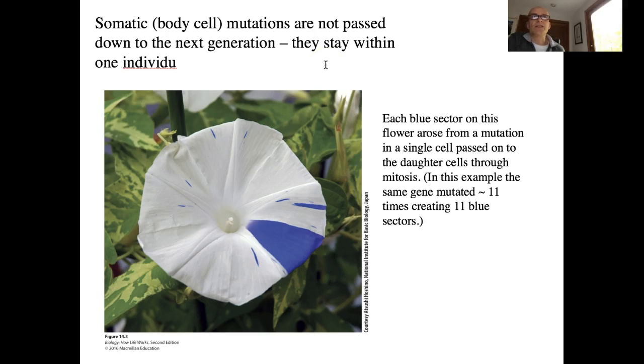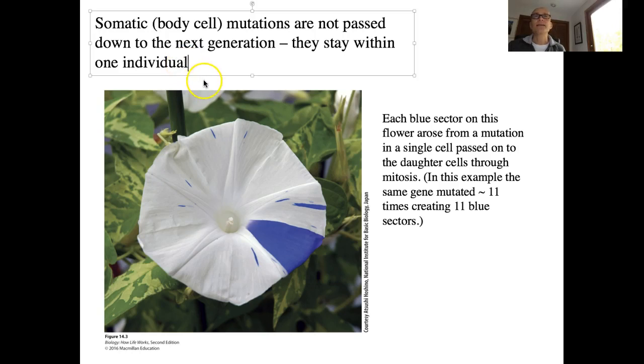Okay, so with respect to what I just said, cells that are not passed down to the next generation because they're not germ cells are called the body cells. And so body cells are cells that aren't going to be passed on to the next generation. They stay within the same individual.